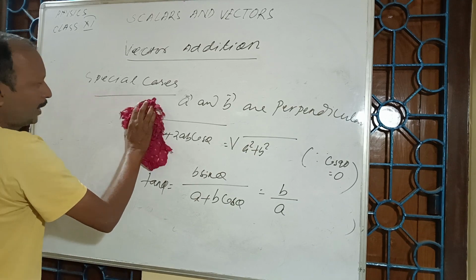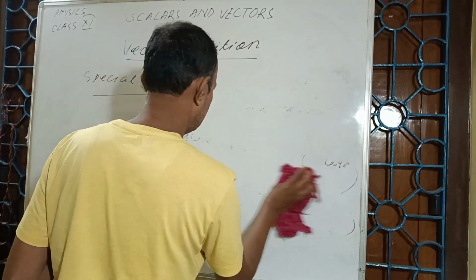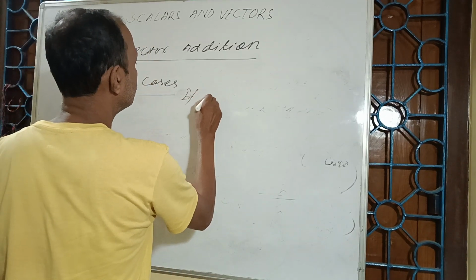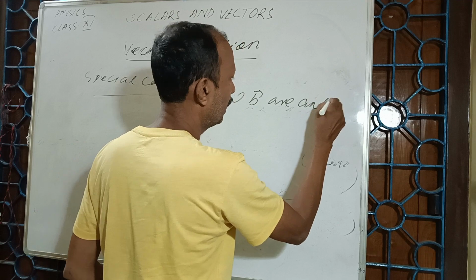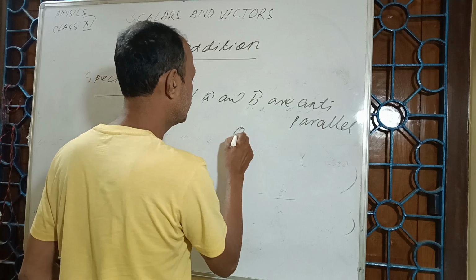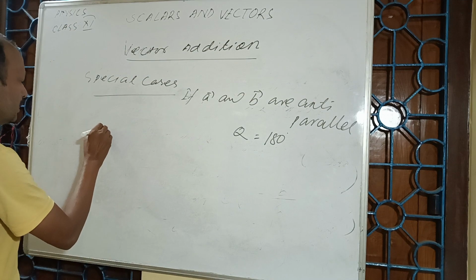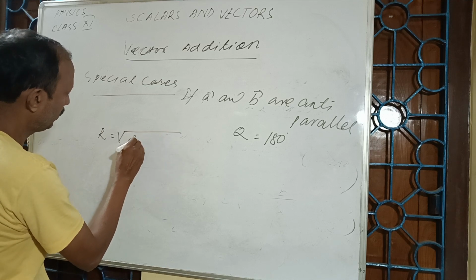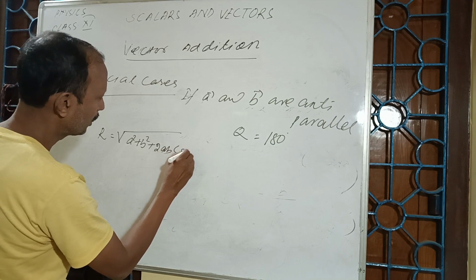So what about the anti-parallel? If vector A and vector B are anti-parallel, that means theta is equal to 180 degree. In this case we will write that R squared is equal to A square plus B square plus 2AB cos theta.